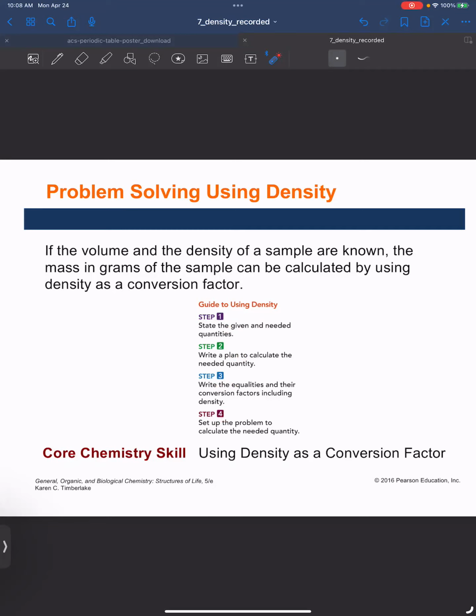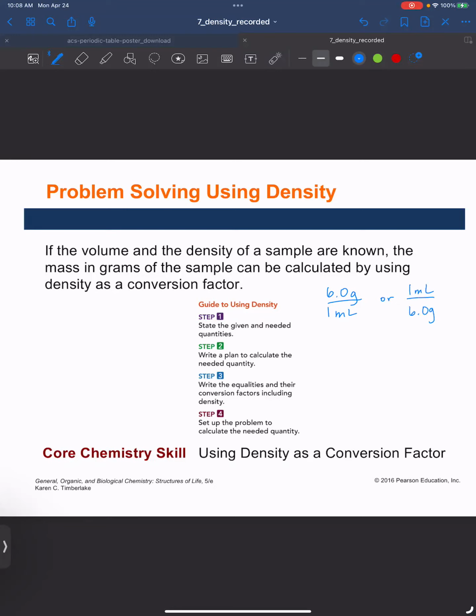So we won't always be calculating density. We may use density once again as a conversion factor. So in the previous problem, we determined that the metal object's density was 6 grams per milliliter. Basically what that's saying is that it's 6 grams per 1 milliliter, or 1 milliliter is equal to 6 grams.